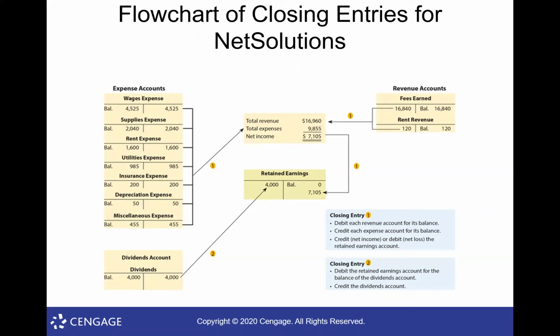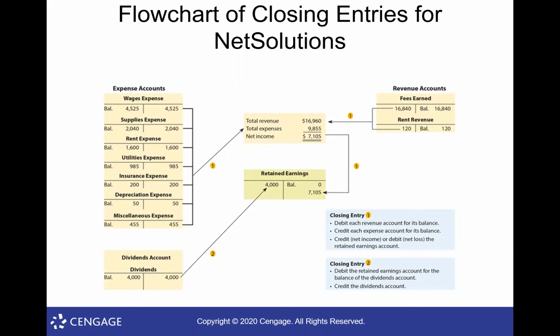So we're taking the temporary accounts, revenue and expense, and then dividends, and we're closing them to retained earnings. And by closing, we mean we're taking their balances down to zero and putting them over to retained earnings. Dividends has a debit balance of 4,000. Why? Because that's the normal balance for dividends. So to close dividends, we'll credit it 4,000, and we'll debit retained earnings 4,000.